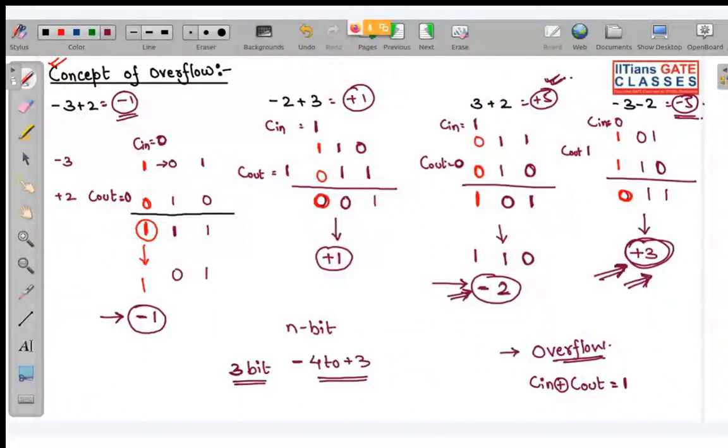So overflow happens whenever C in XOR C out is 1, and for overflow not happening, C in XOR C out is 0. In this case, overflow does not happen. But in this case, overflow will happen.